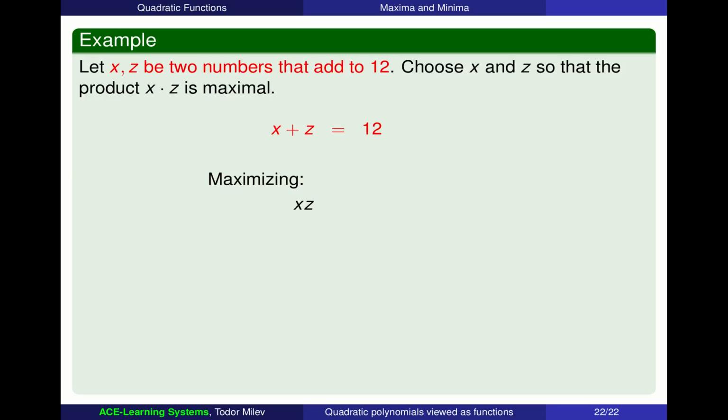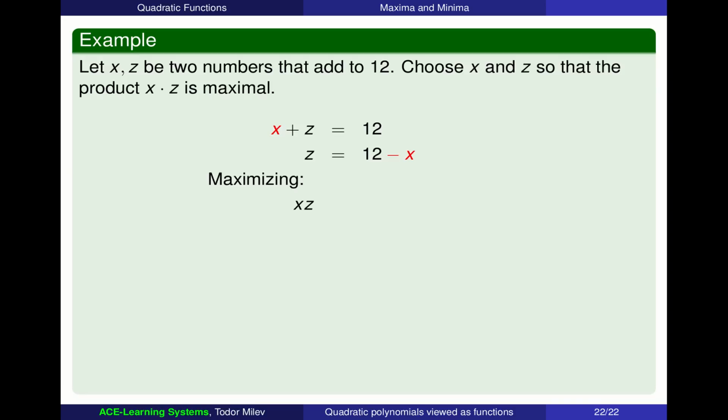Well, now we don't know how to maximize a function of two variables, but this is not really a function of two variables, because if x plus z is 12, I can actually solve for z. I could transfer x to the right hand side, and then z is 12 minus x.